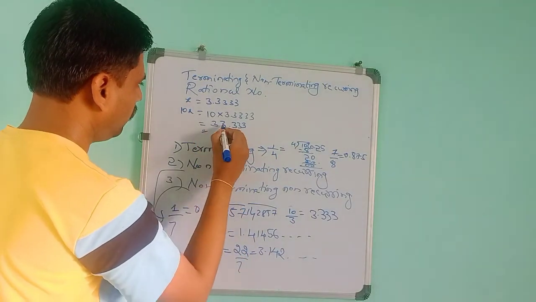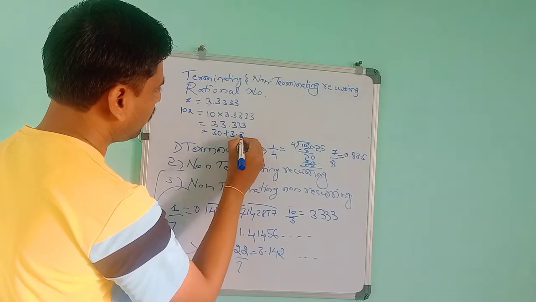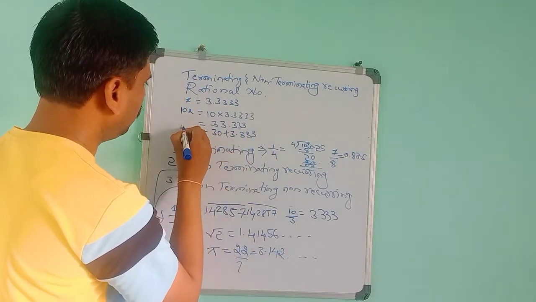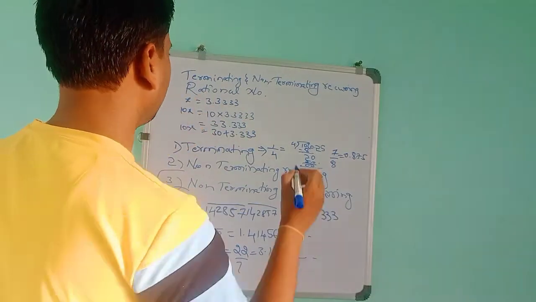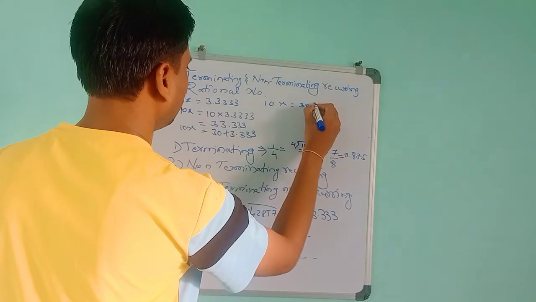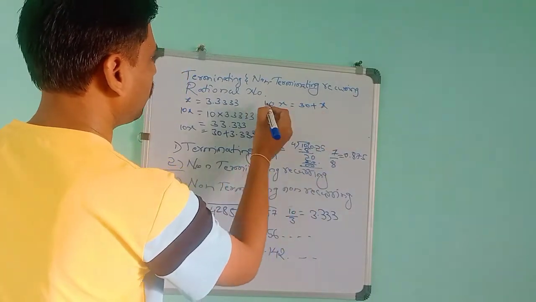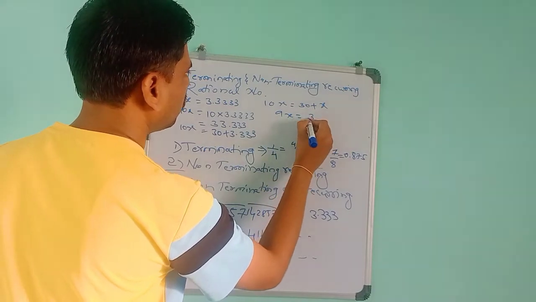So this one we can split as 30 plus 3.33. So this is 10x. What we have taken, 3.33, is x. So 10x equals 30 plus x. So this term moves across as minus x, so 9x. 9x equal to 30.